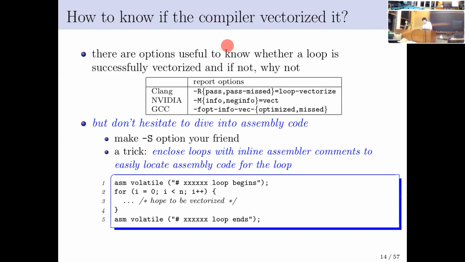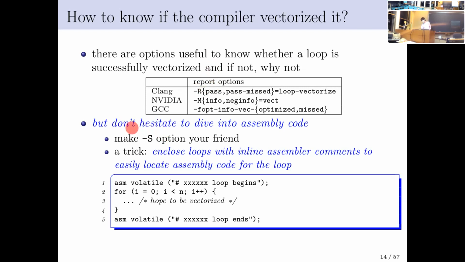The details are again in the Jupyter notebook. These options are very important when you try to vectorize your code. With that said, the messages from the compiler are not the only thing you want to look into.